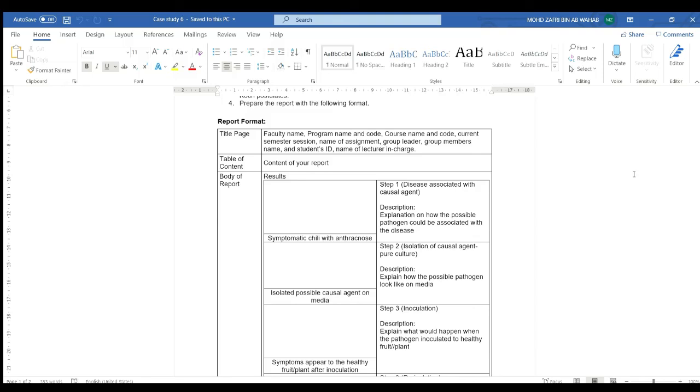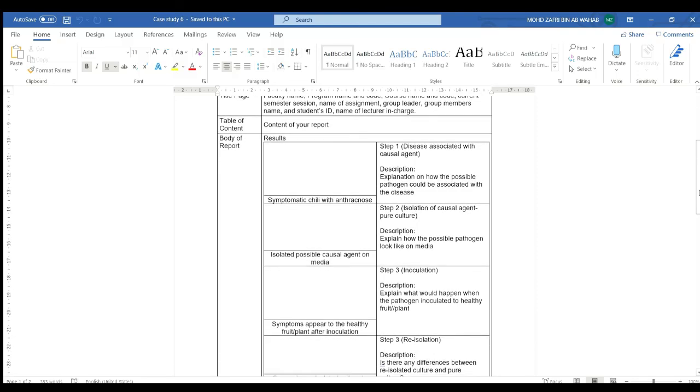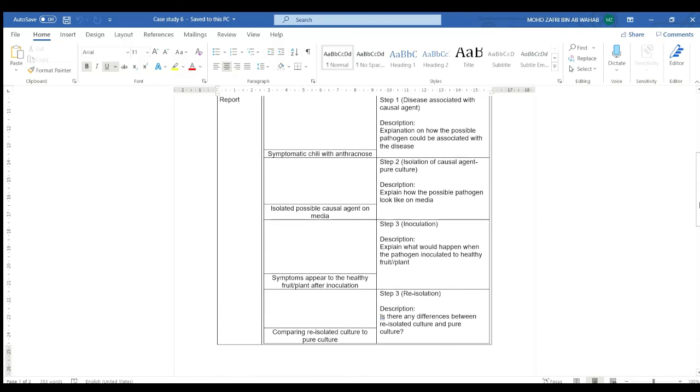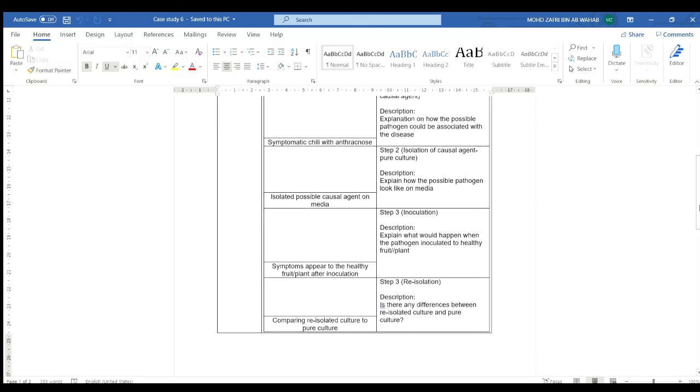So just for simulation, we figure out that the possible causal agent of anthracnose is Colletotrichum, and then you can find what the morphological characteristics of Colletotrichum on the media are. Alright, and then you can use the figures from the internet and put them in the report. And then inoculation.